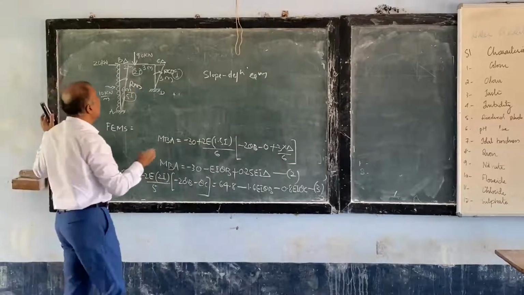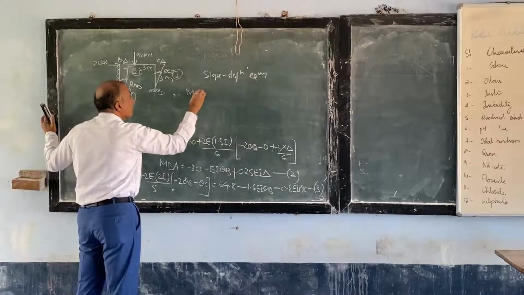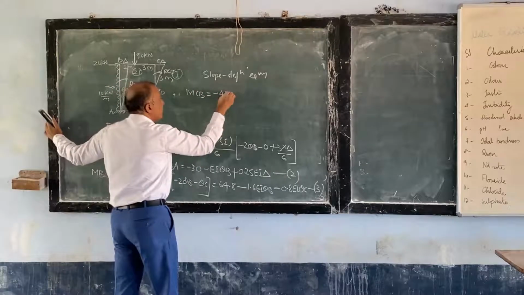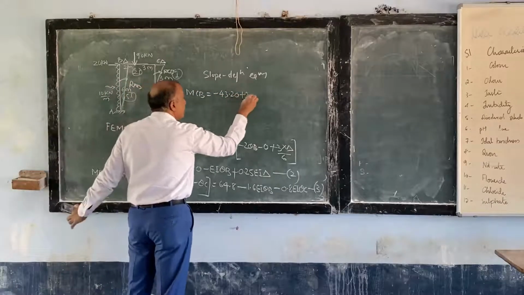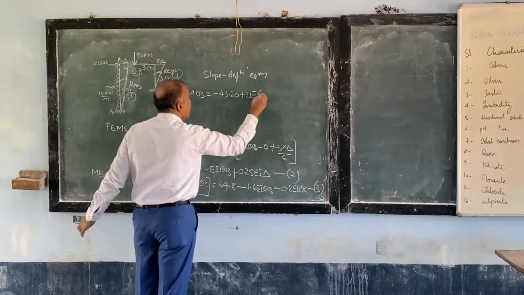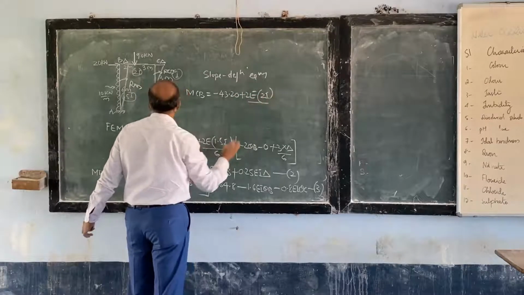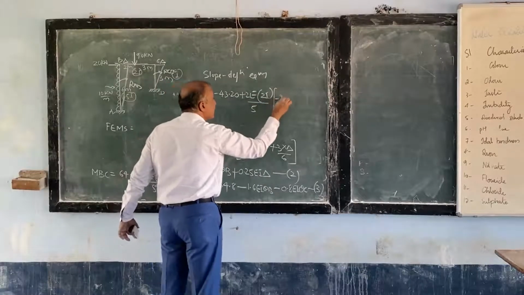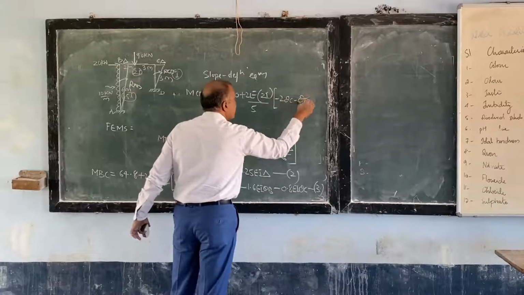The fourth equation is MCB. MFCB is minus 43.20 plus 2E into 2I divided by L, 5 meters again, into minus 2 theta C minus theta B, reverse.